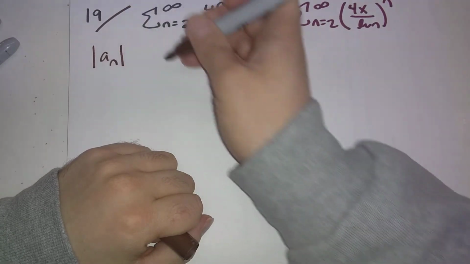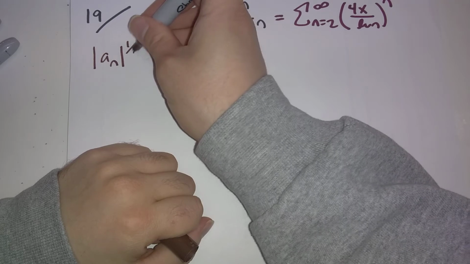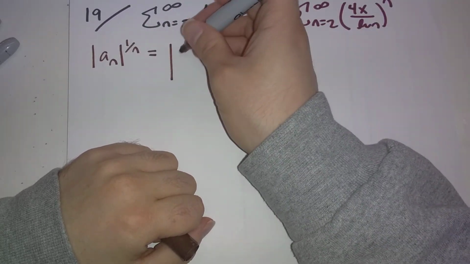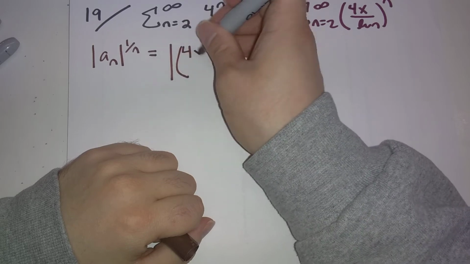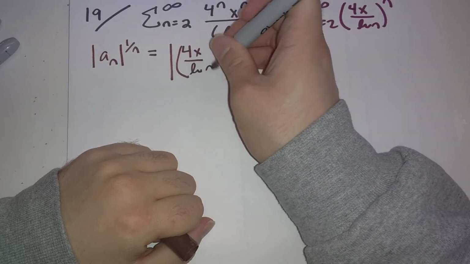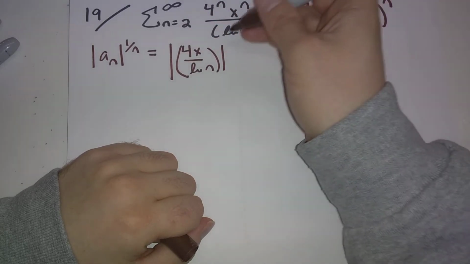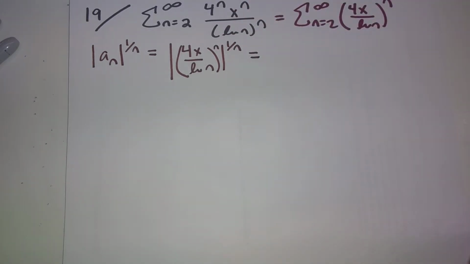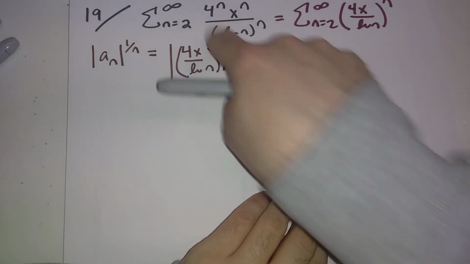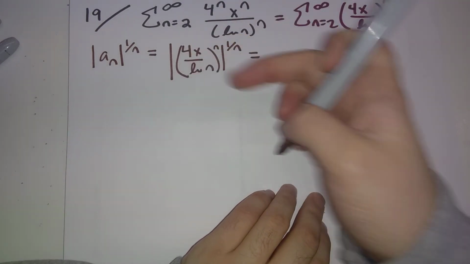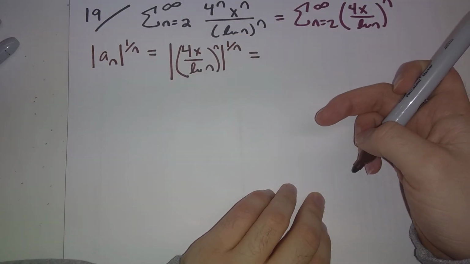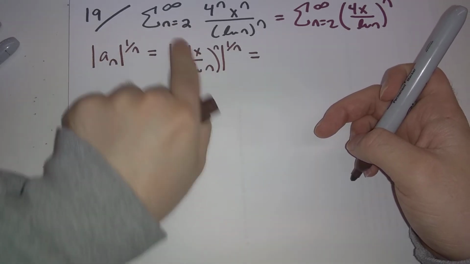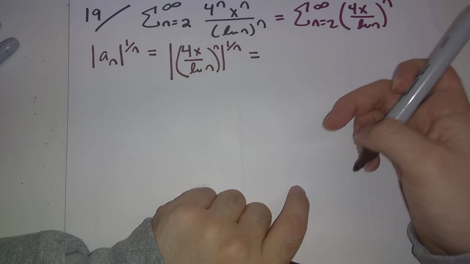So we're thinking about the absolute value of a sub n to the 1 over n power. Absolute value a sub n, so that would be 4x over natural log n, all of that to the nth power, to the 1 over n power. Rearranging this, the 4 and the natural log aren't going to be negative. 4 is never going to be negative, and natural log of n, if n is at least 2, is always going to be positive.